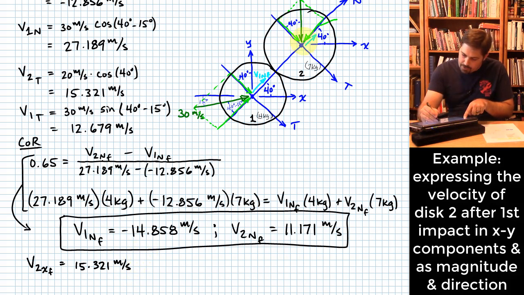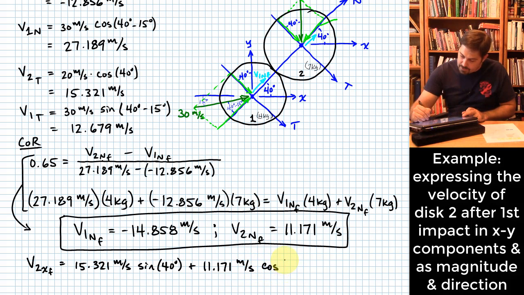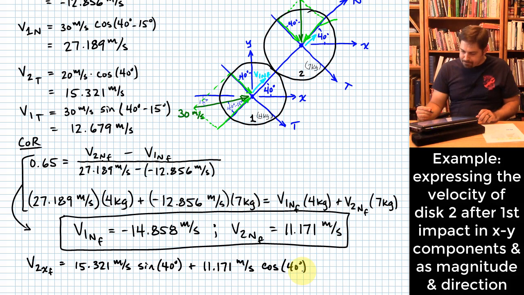And I want the component of that in the x, so I need to multiply by the sine of 40 degrees. Then I'm going to add to this that component that I have after the impact in the normal direction, which is going to be 11.171 meters per second, and I'll take that times the cosine of 40 degrees. Both of those are positive in that x direction.